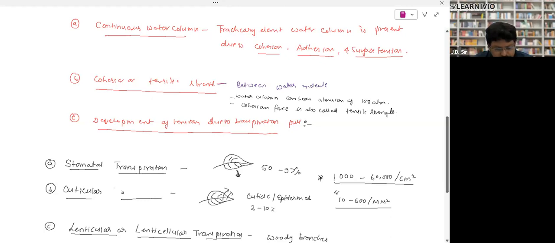Full stop. Mesophyll cells continue to lose water to intercellular space. Full stop.